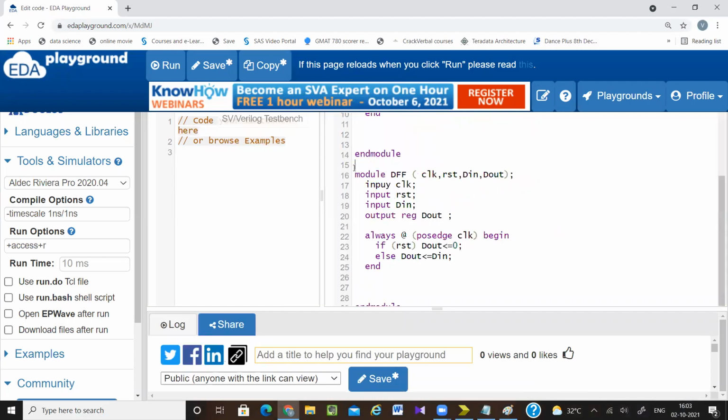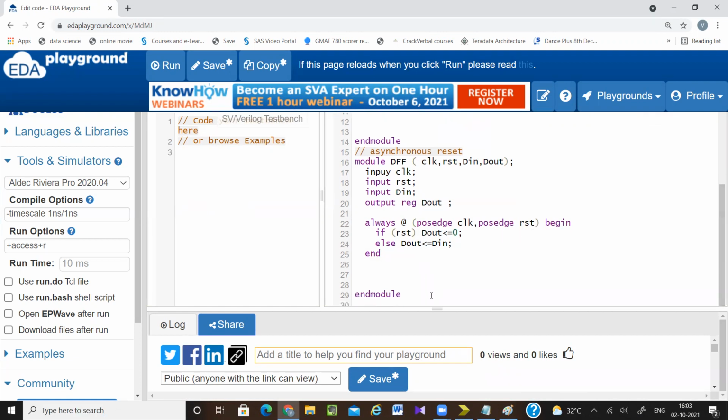This is another for your asynchronous reset. Asynchronous reset means reset signal will also be in the sensitivity list. So it is in the sensitivity list means this block will get executed whenever there is a passage of clock or whenever there is a passage of reset. Okay. So let this be D flip-flop 1.